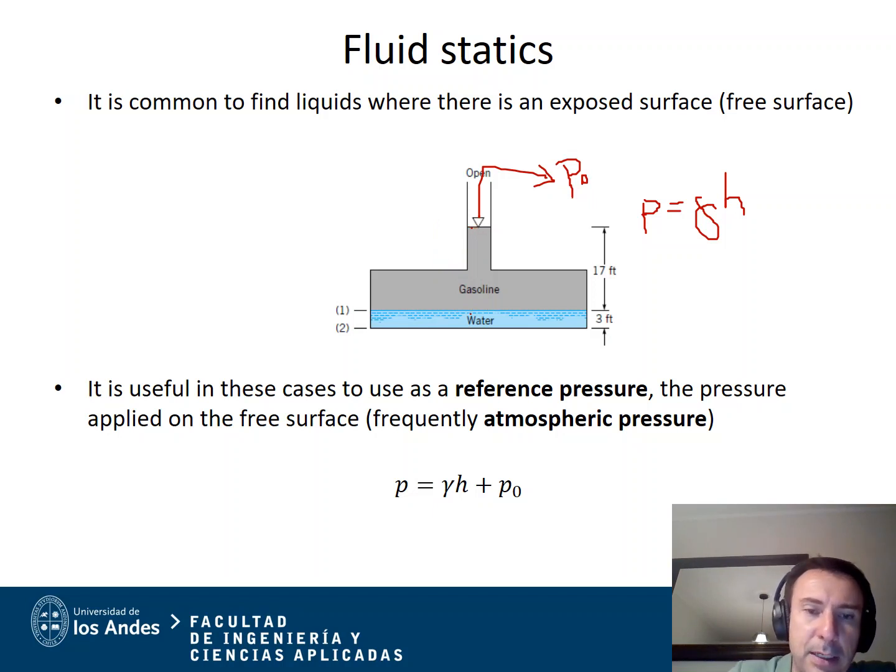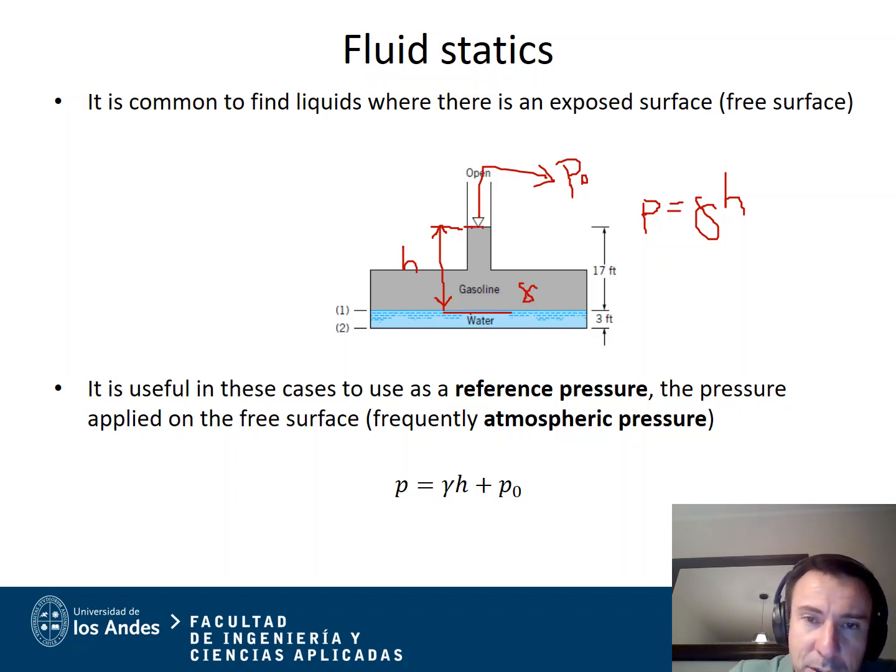Okay. So you want to know how much pressure you feel at the interface of water and gasoline. You know this height, we call it h, right? And we know that gasoline has a gamma that is known, the specific weight.